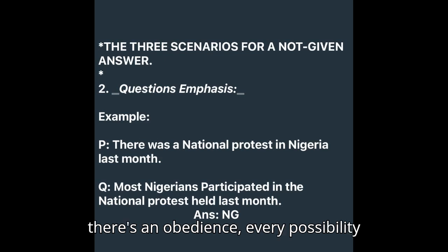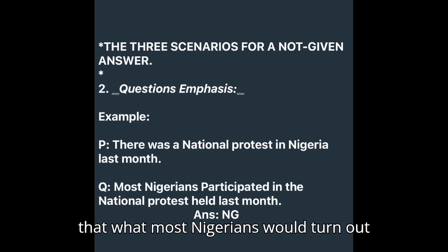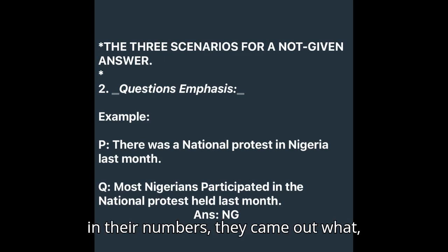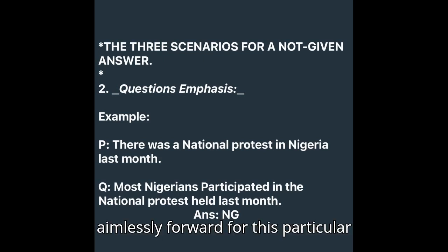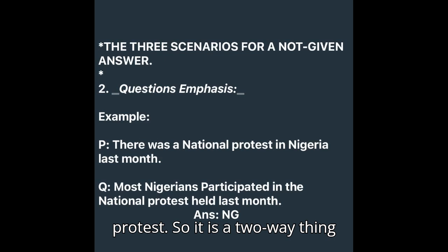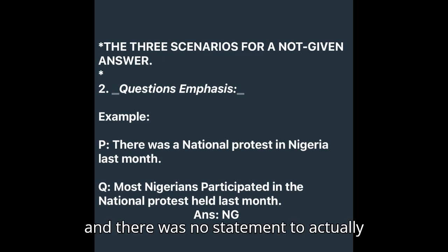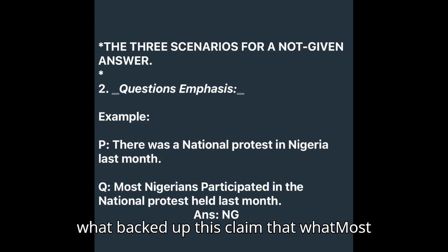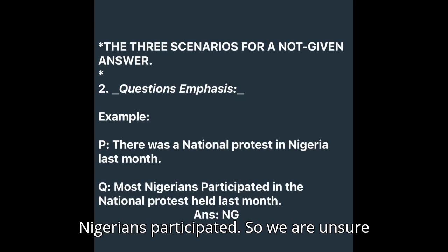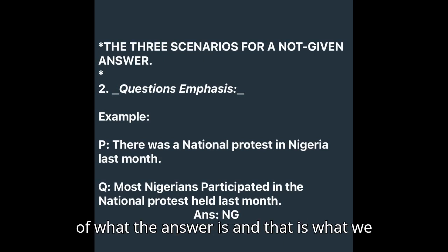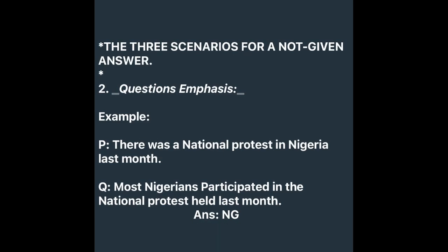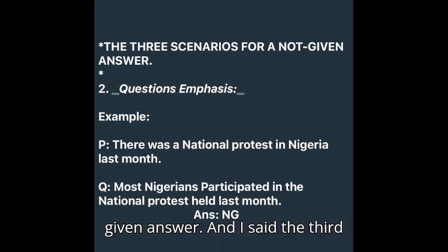Likewise, there's every possibility that most Nigerians turned out in their numbers. They came out immensely for this particular protest. So it is a two-way thing. And there was no statement to back up this claim that most Nigerians participated. So we are unsure of what the answer is. And that is why we crown it up to be a not given answer.